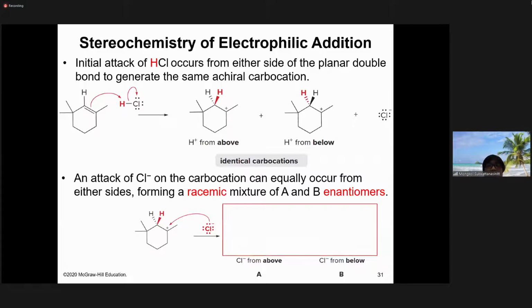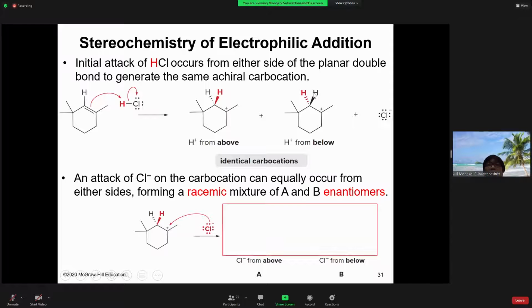So you get this, but now we'll look at the side that it will attack, whether it's from above or from the bottom. You get either this compound with the red hydrogen on the top, or the red hydrogen at the bottom, which means the hydrogen is coming from above or below the plane of the alkene. Okay, but this first step will not affect the stereochemistry, right?